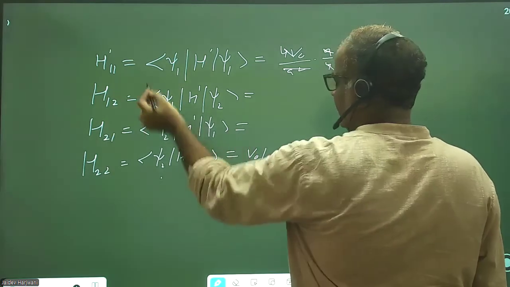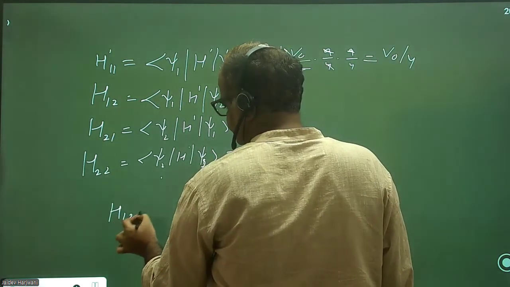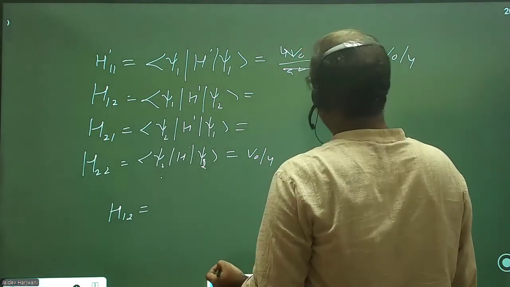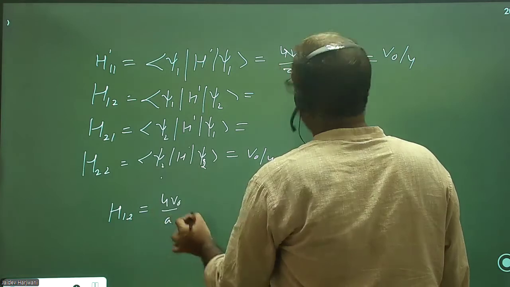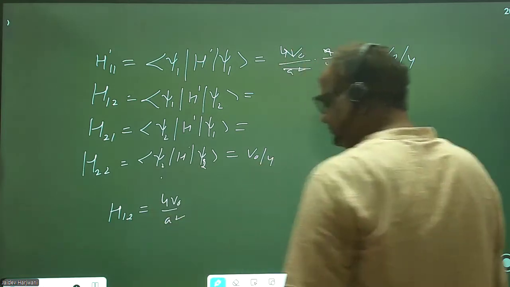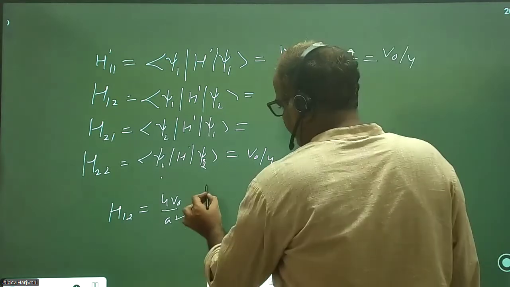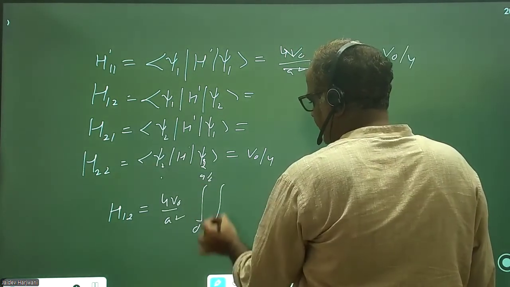Those will also be the same. So let us first calculate h12. H12 again has the factor 4 V naught upon a square, and this time the limits are 0 to a by 2, 0 to a by 2.